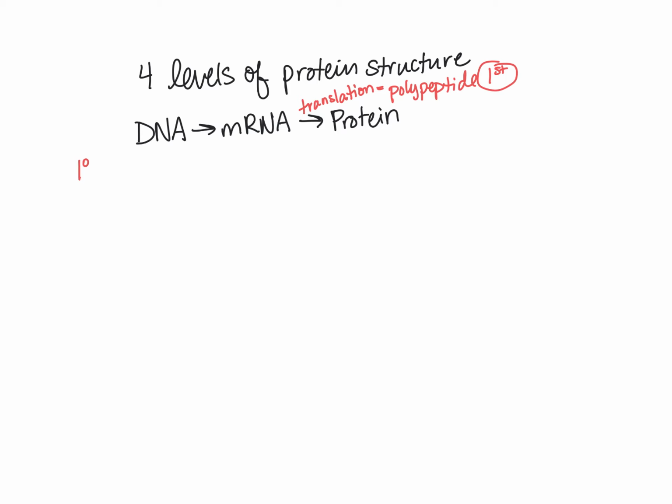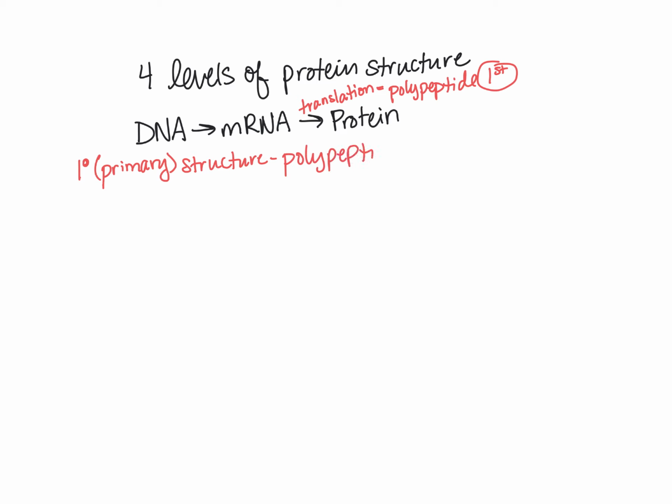And we can designate that by writing the number 1 and this little degree-type circle, which just means primary. So here we're talking about the primary protein structure. And this is just referring to the polypeptide.